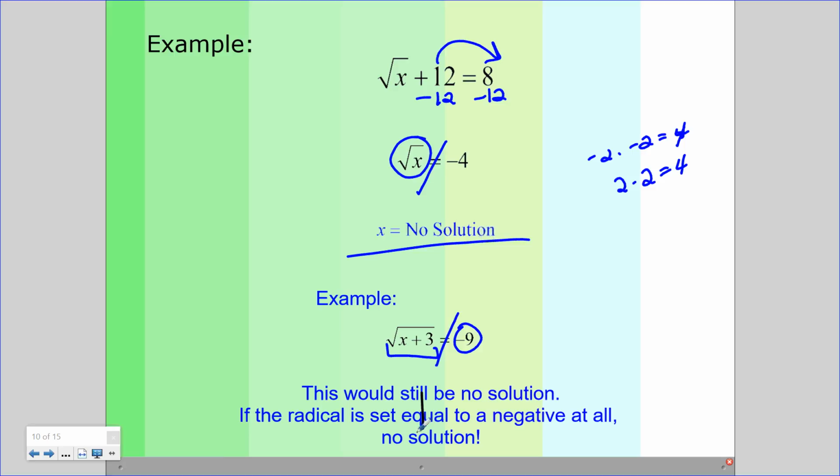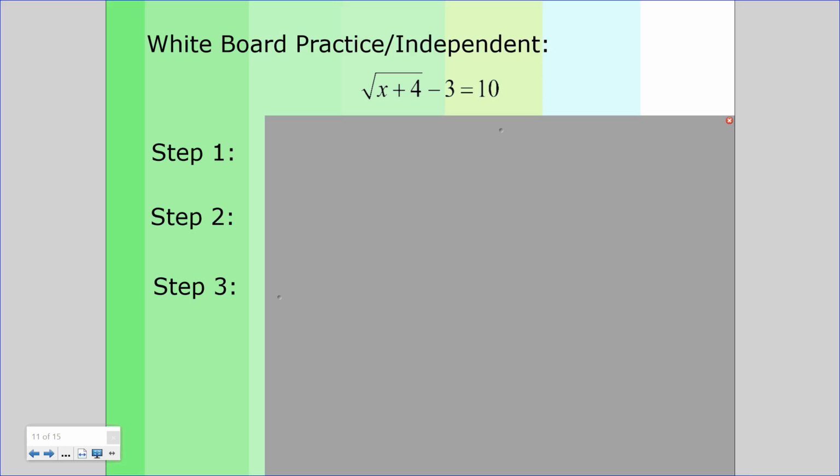So right when you see that, you need to stop and state that this is no solution. So while yes, you can make this side positive by squaring both sides, at the very most basic level of this equation, we have a square root equal to a negative, which is not possible. So you would stop right there and not go any further to solve. And that would be no solution as well.